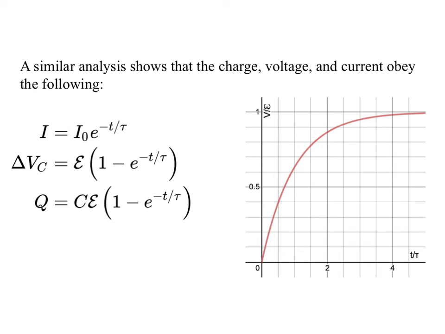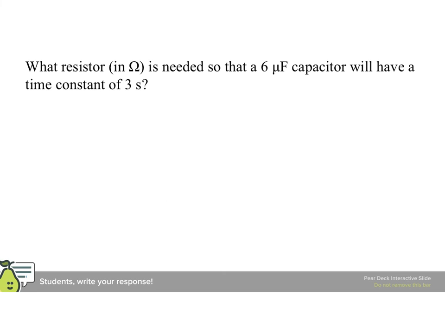A similar but somewhat grungier analysis by calculus would show that the charge, voltage, and current obey the following: the current is the initial current times an exponential decay, but both the charge and the potential grow, so they have a 1 minus the exponential decay, and it's either EMF or C times the EMF as they grow exponentially. And again, they never really quite reach their maximum values, but get exponentially closer to them as time goes on.